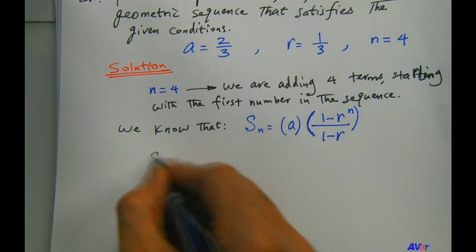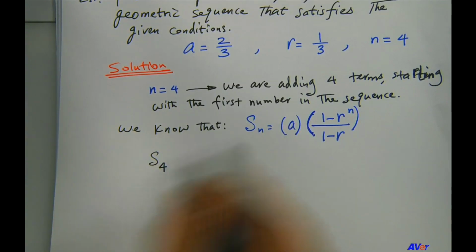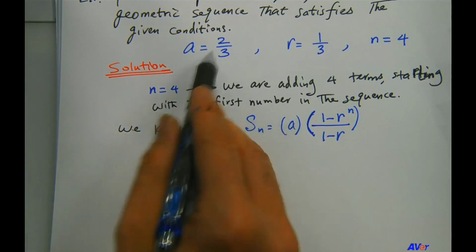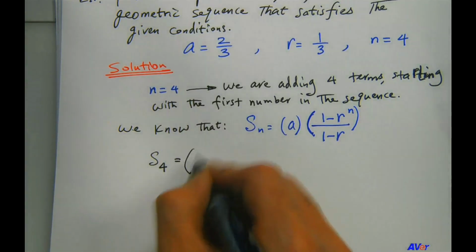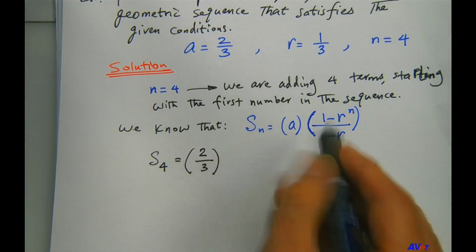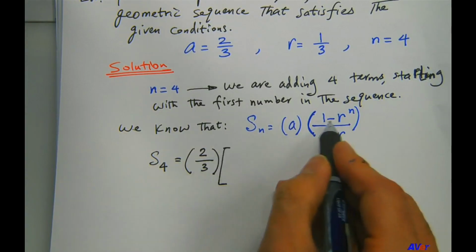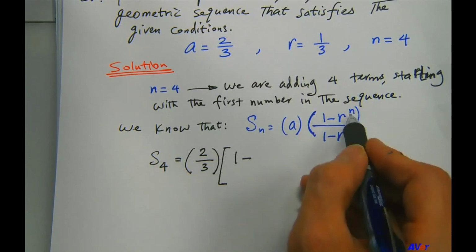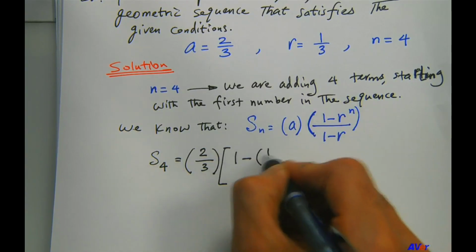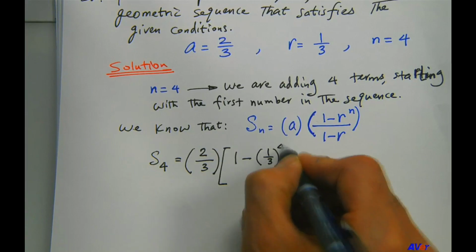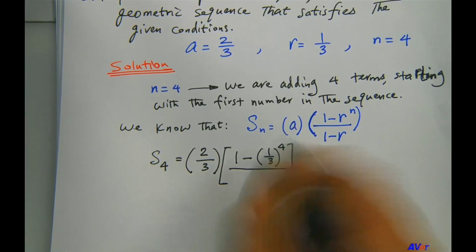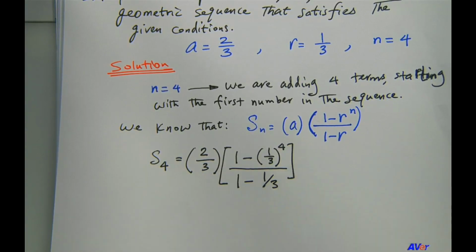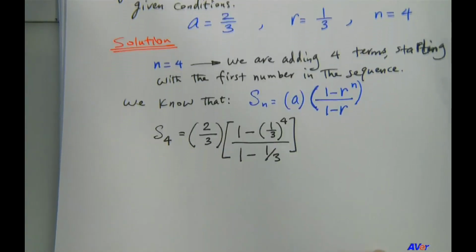So S4, that's the fourth, we're adding 4 terms. A is 2/3. And then 1 minus r, which is 1/3, to the n power, 4, divided by 1 minus 1/3. Okay?